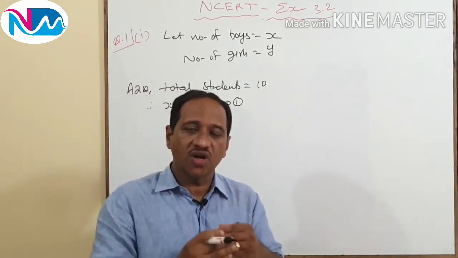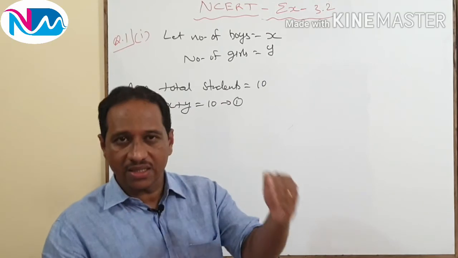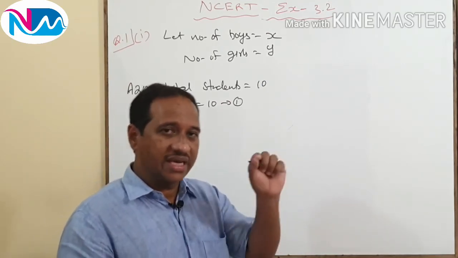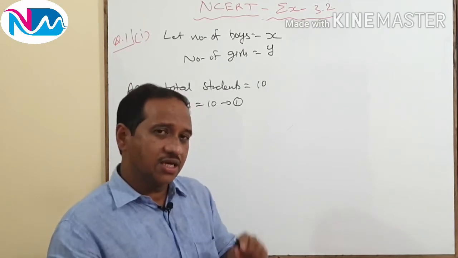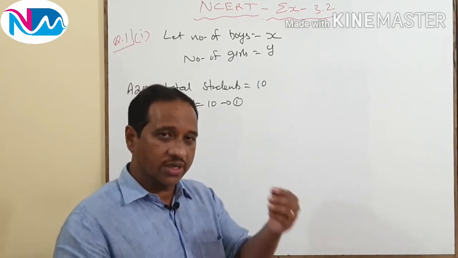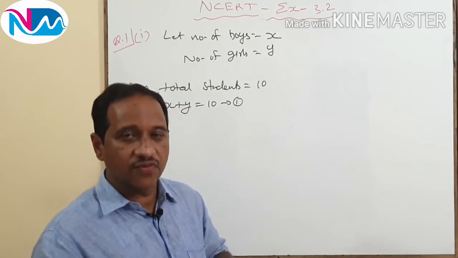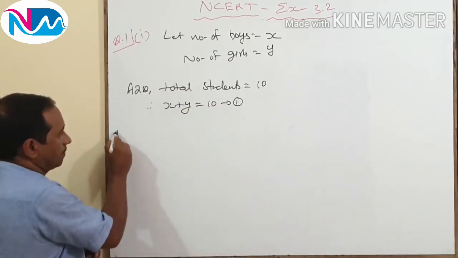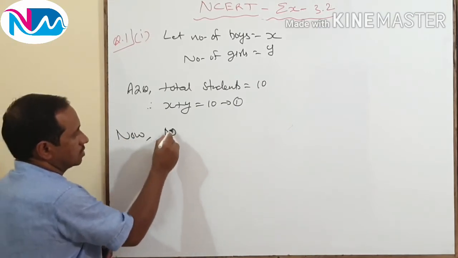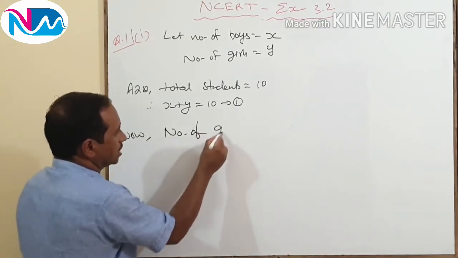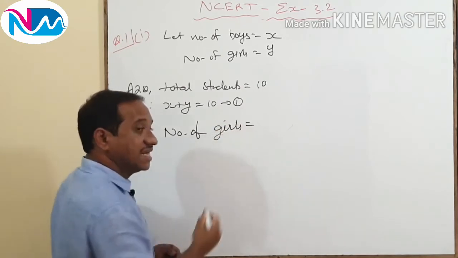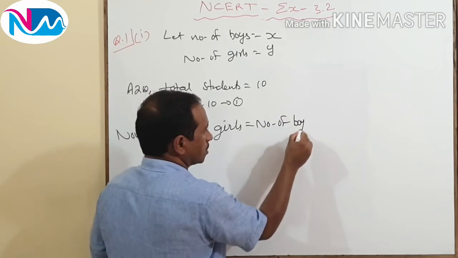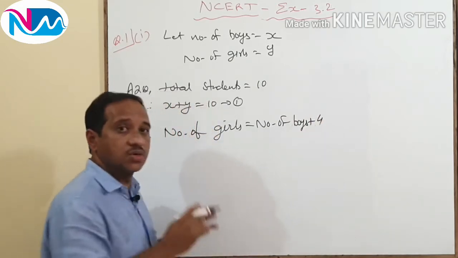Now we have to form one more equation. For forming the next equation, the next sentence gives us the condition that the number of girls is 4 more than the number of boys. Now, number of girls is equal to number of boys plus 4.